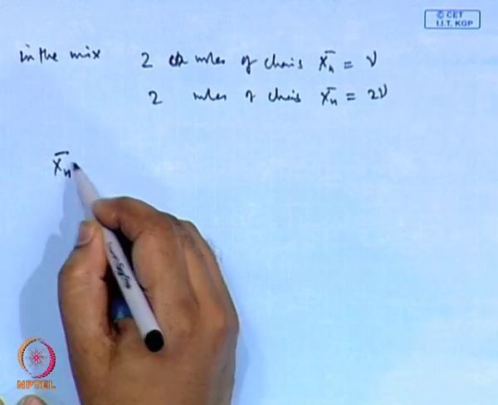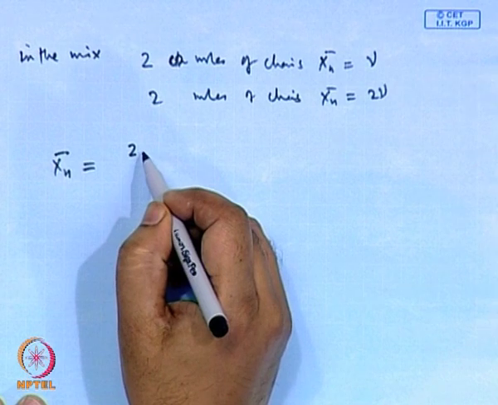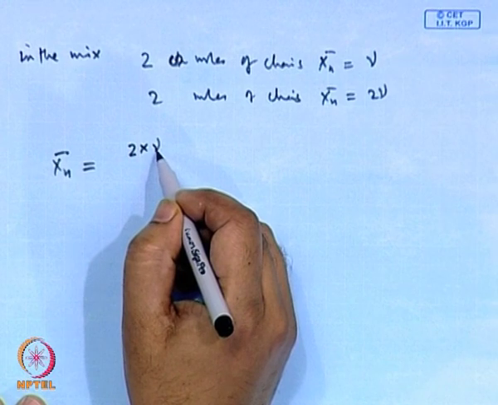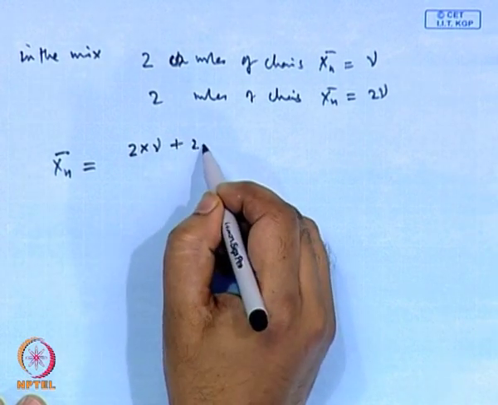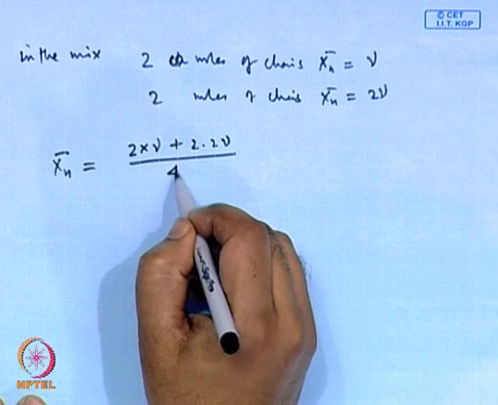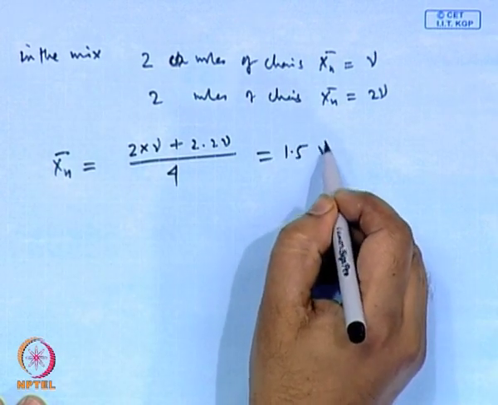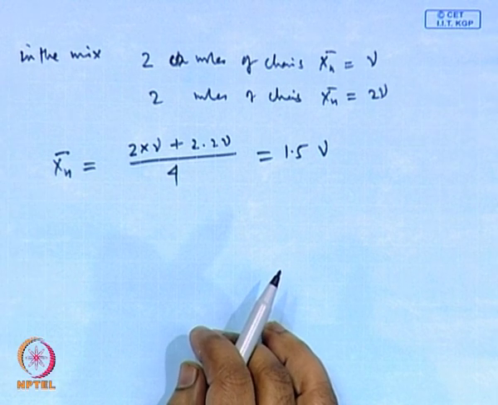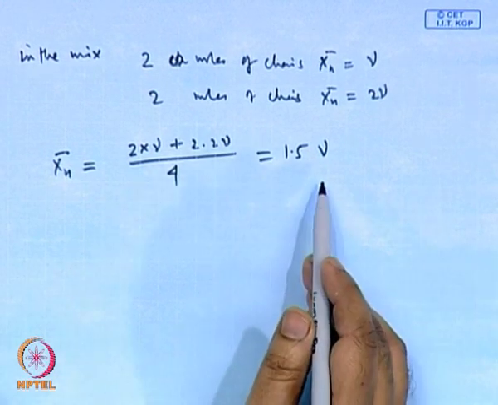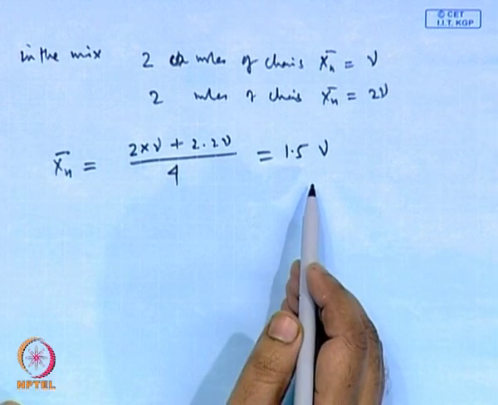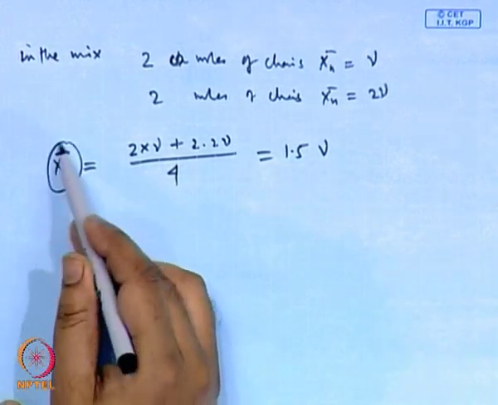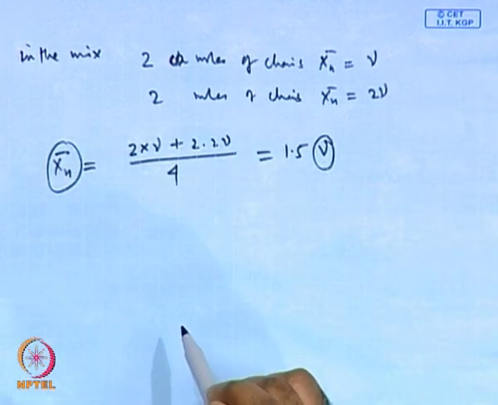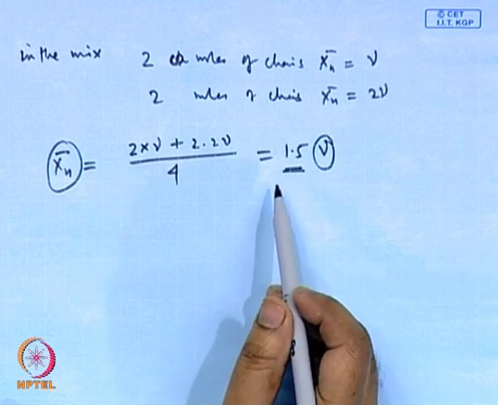So, on average, 2 into nu plus 2 into 2 nu, divided by the total number of chains, which is 4. So, 1.5 nu, again you get the same number. So, fine. Now you know how the average degree of polymerization is related to the kinetic chain length.